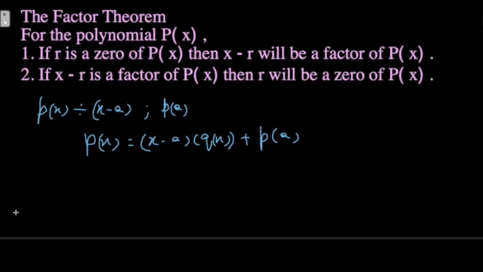Now let's look at case number 1. If r is the 0 of p of x, then x minus r will be a factor of p of x, which means that, let us say, take a polynomial p of x and let it be a quadratic polynomial, say ax square plus bx plus c.